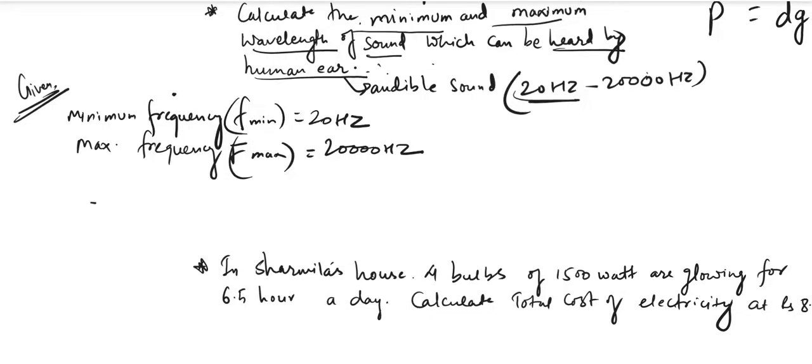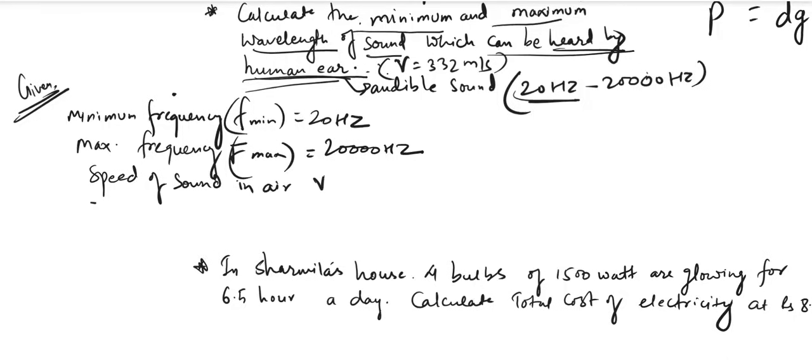The sound which can be heard by human ear is obviously in the air medium. If the value is not given, then you should know; or if the value is given, the speed of sound will be 332 meter per second. So speed of sound in air, v, is equal to 332 meter per second.